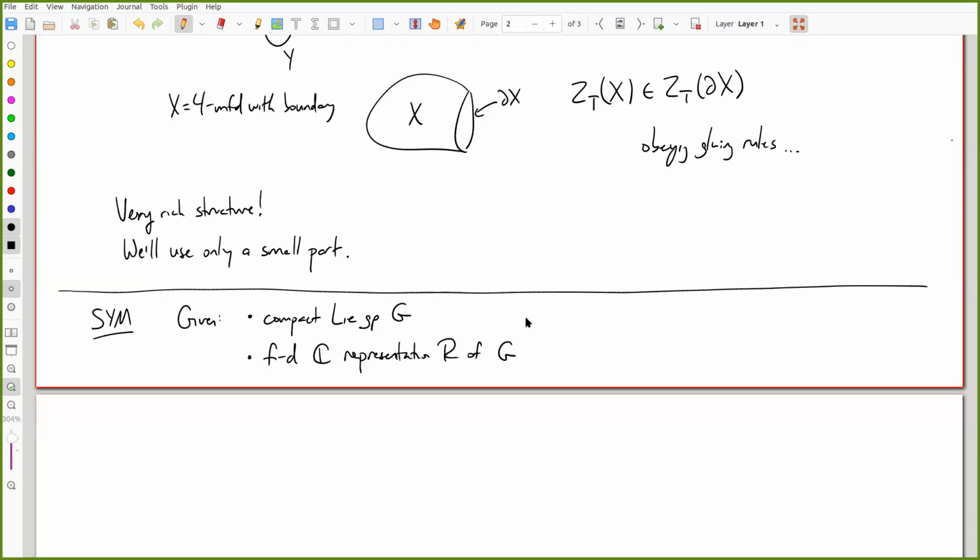Hi, folks. Sorry about that. So we're given a compact Lie group and a finite dimensional complex representation of the Lie group, sufficiently small. For example, today we'll take it to be the trivial representation, and that's fine. And a complex number, which I'll call tau UV. There's an asterisk with this, ask me later.